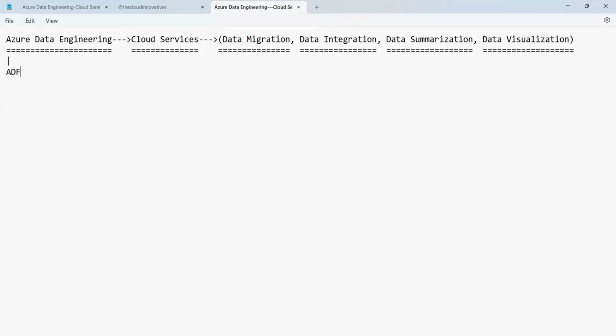The first one is called ADF, which stands for Azure Data Factory. The next service is ADB, which stands for Azure Databricks. And then you have the next one, Synapse.